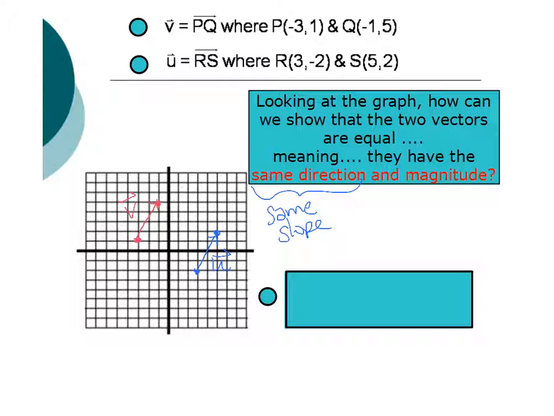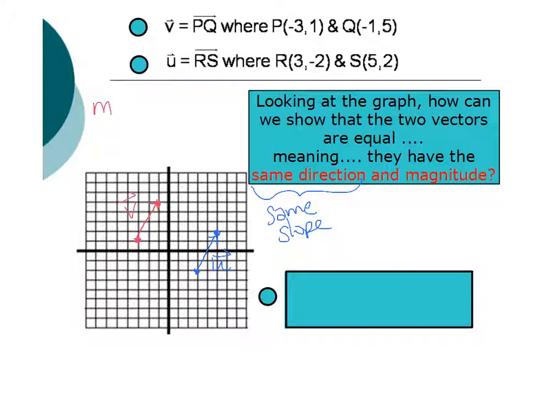Typically, if we're trying to show that the vectors are equal, we have to show that process of finding slope. We just can't say they're the same. Actually, I do get to kind of say they're the same because I took the time to graph them. So I can count the rise, 1, 2, 3, 4, and the run, 2. 4 over 2. That's a slope of 2.